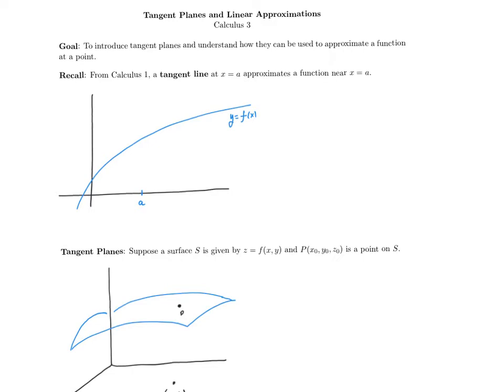So just recall from Calculus 1, a tangent line at x equals a approximates a function near x equals a. And let me see if I can represent this graphically. If we go up to the curve at x equals a, we can draw the tangent line. And what I want to observe is if I imagined zooming in on my screen as closely as I can around that point. So typically I would say imagine you're looking at it under a magnifying glass.